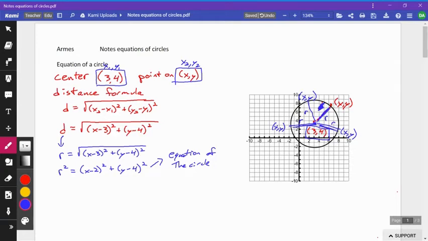And I have all these different points that are x and y that are the same distance away. So this is the equation of a circle, but what if I have a different center? So that's where we write this. This is going to be h, this is going to be k, and I get this equation, r squared equals x minus h squared plus y minus k squared, and this is your standard form of a circle.